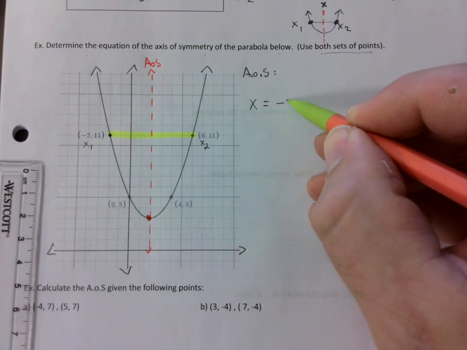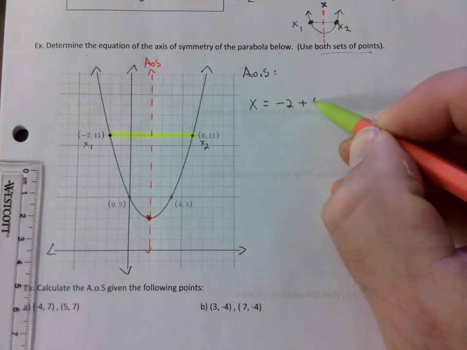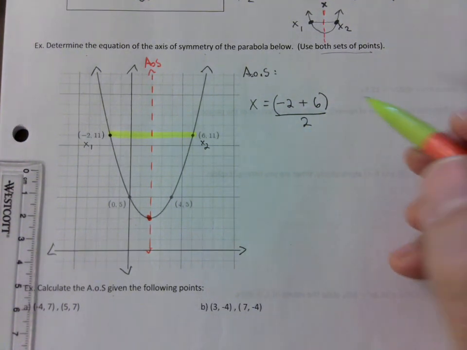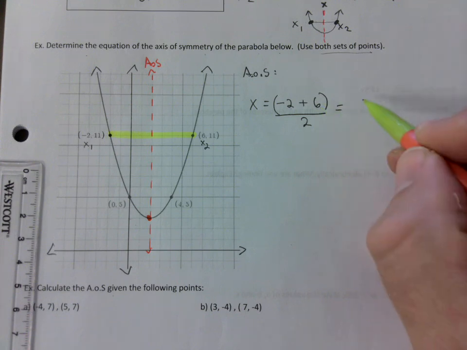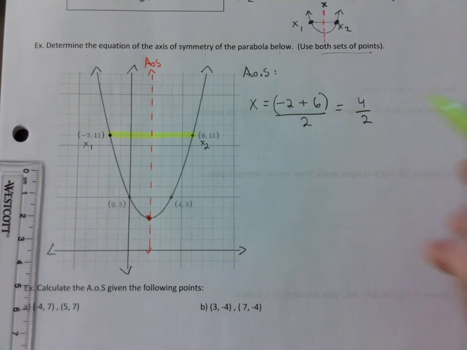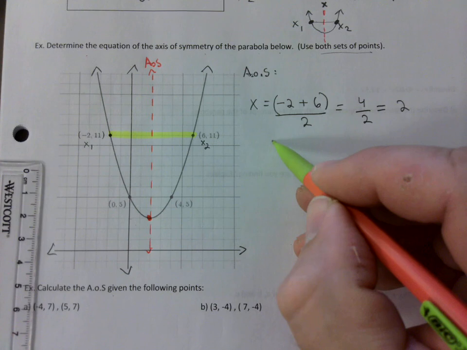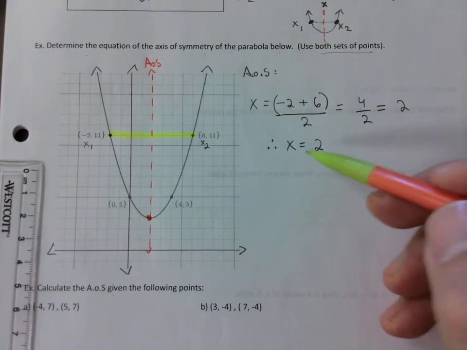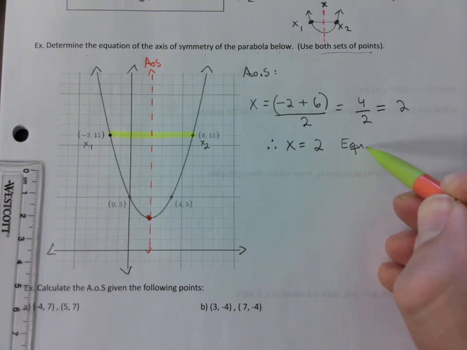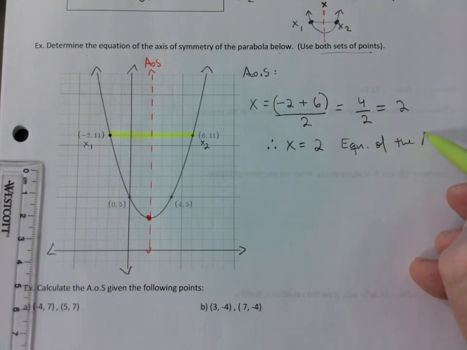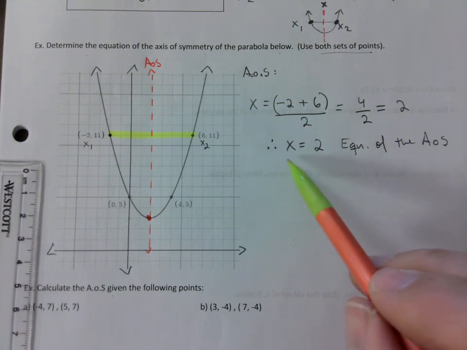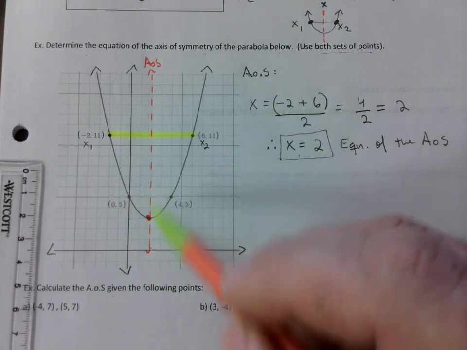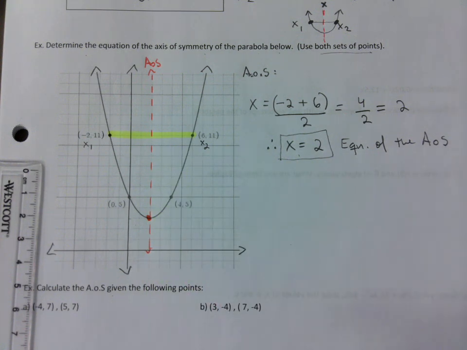So we have -2 plus 6, and we divide that in half. -2 plus 6 gets you 4. 4 divided by 2, and that gives you 2. Therefore, x is equal to 2 is the equation of the axis of symmetry. Okay, so that is the equation here. So we actually knew that already because I gave you that.